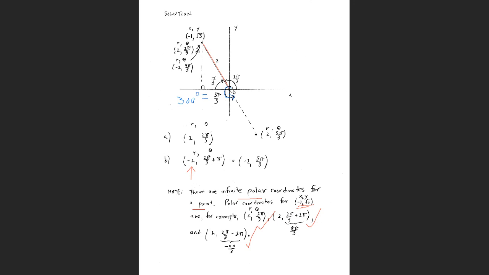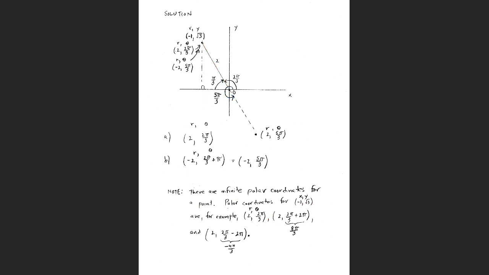You can always do a revolution forward or backward, or 2 revolutions, and change the angle, but you arrive at the same place. So, 2 and 2 pi/3, 2 and 8 pi/3, 2 and -4 pi/3.